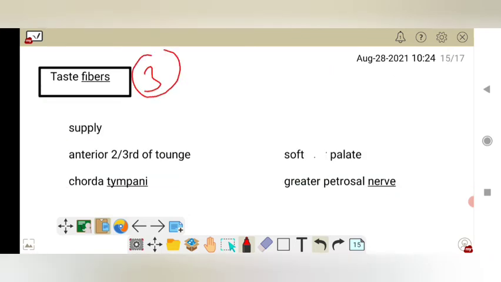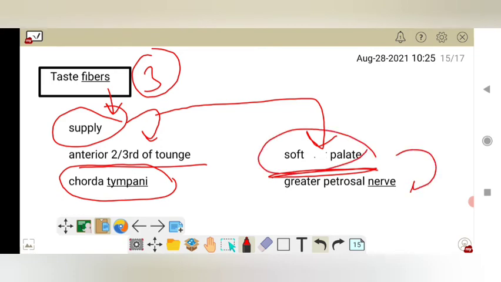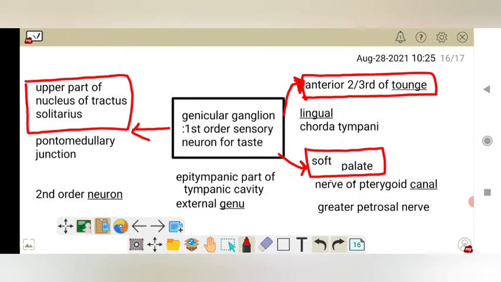Third important fibers carried by the facial nerve are the taste fibers. These taste fibers supply the anterior 2/3 of the tongue and soft palate. Chorda tympani takes taste sensation from the anterior 2/3 of the tongue, and from the soft palate the greater petrosal nerve takes the taste sensation.